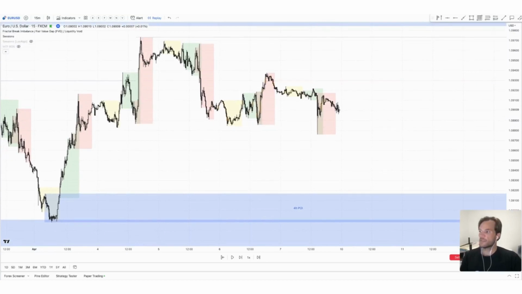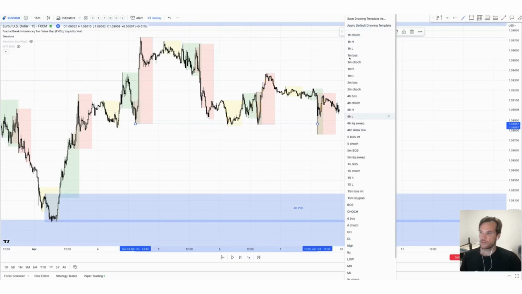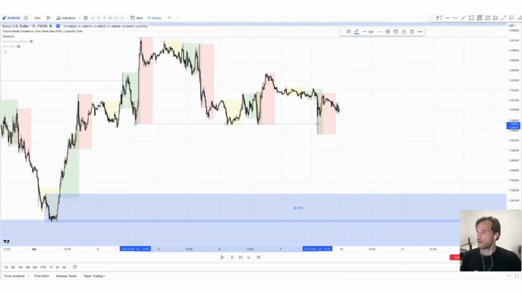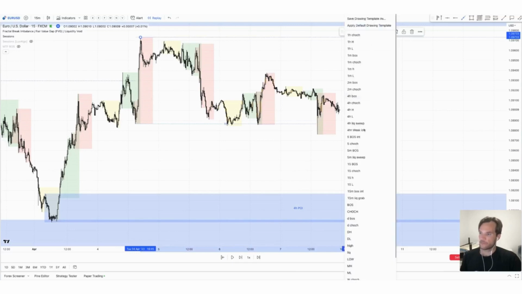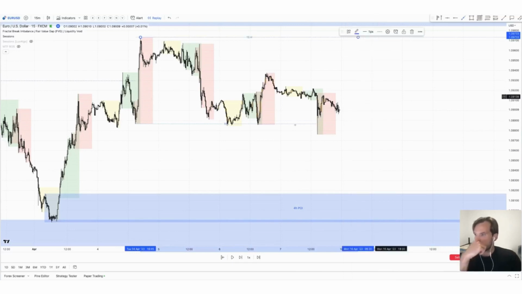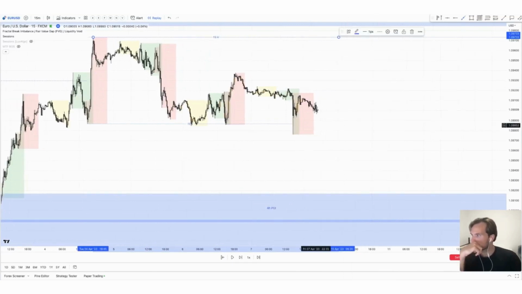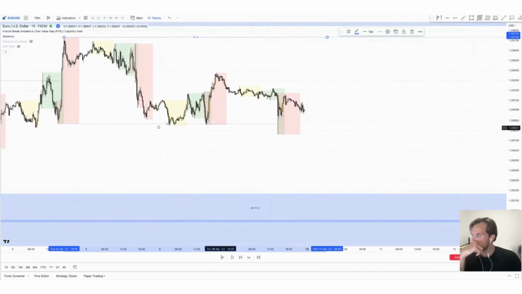That's our last 15-minute, because we haven't had any breaks with a body. So the 15-minute low, and the 4 hour high is also the 15-minute high. So we're still playing around with this range down here.